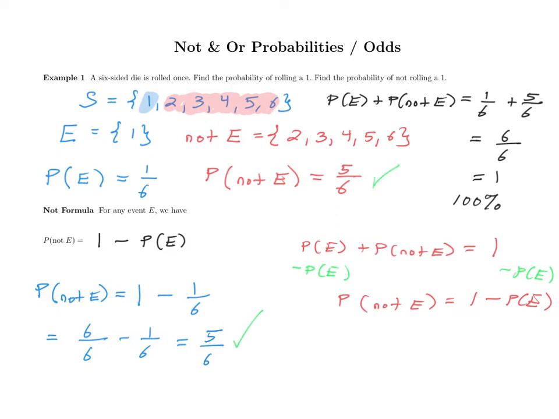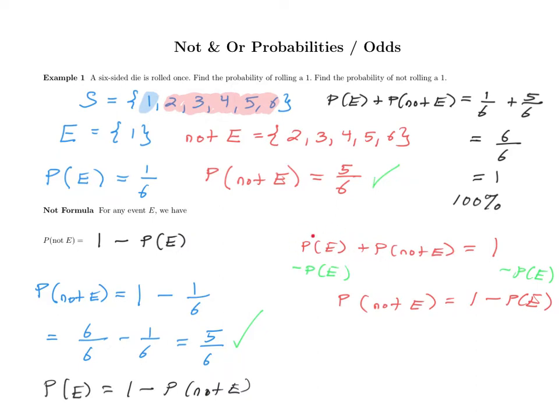So it's kind of a nice shortcut here where if you know one probability, then you can find the other. Note also that the probability of E is equal to 1 minus the probability of not E. This is true as well. And the way you can show that this is true is by taking this equation.